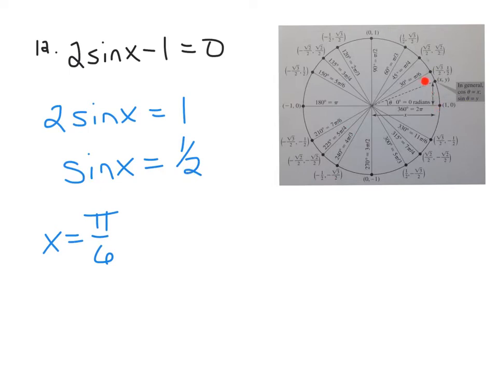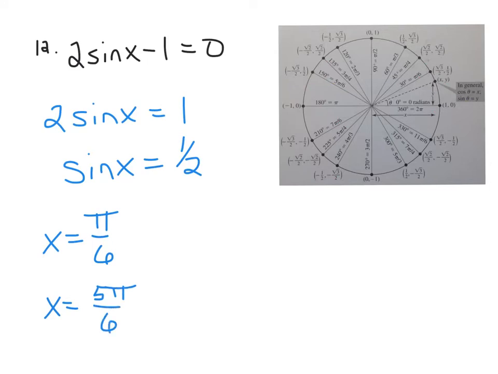Pi over 6. But you do have to watch out, because as we go around, we see again that this y value is 1/2. So 5 pi over 6 would also give us 1/2.